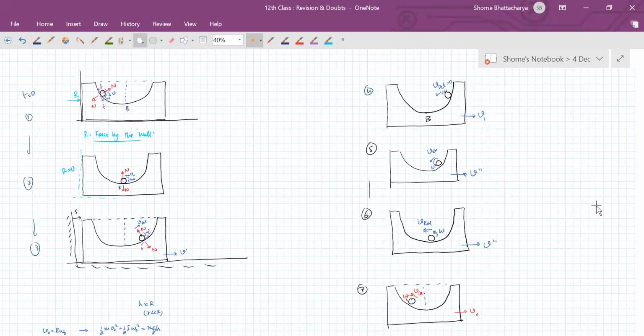Because it's rolling down, there is conservation of energy, but there's no conservation of momentum or angular momentum or anything like that. So from 1 to 2, the wedge is fixed, but the kinetic energy plus gravitational potential energy for the sphere remains conserved.